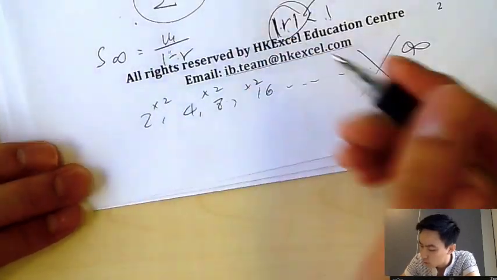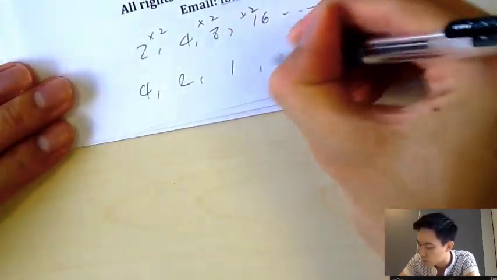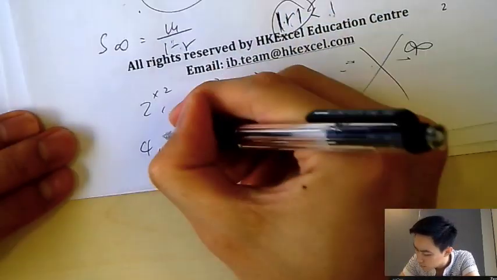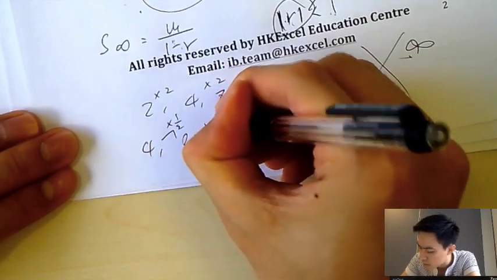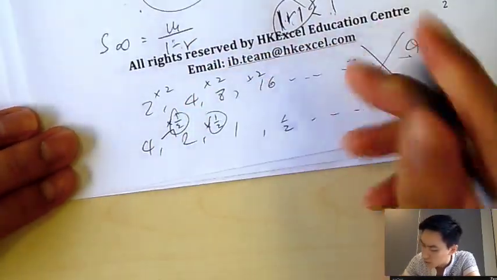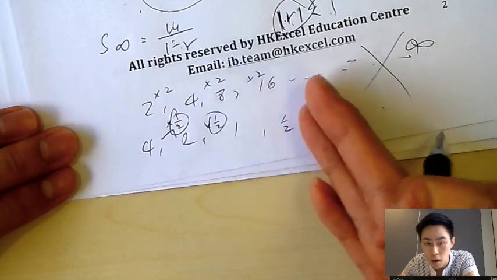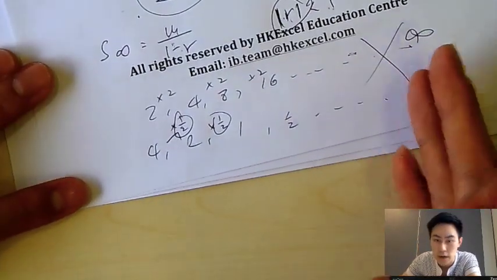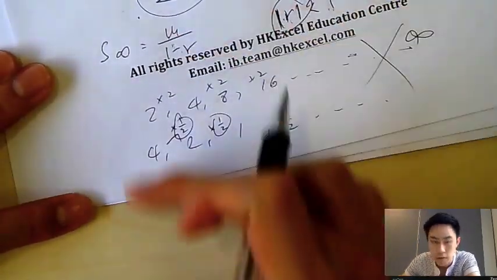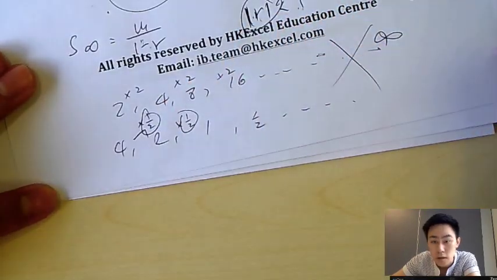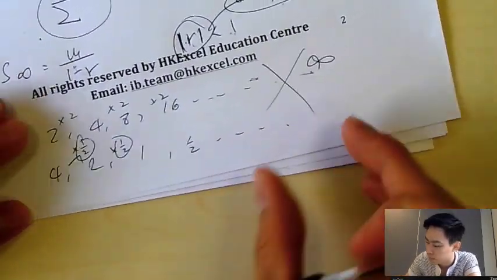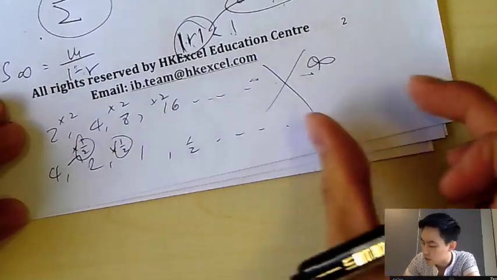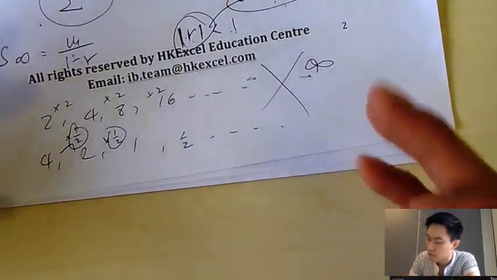So this equation only works on, let's say, 4, 2, 1, and then 1/2, and so on. You can see it keeps dividing by 2, or you can say times 1/2. So the common ratio keeps making the number smaller and smaller. So finally, you're adding 0, so it makes no difference if you add to infinity. It won't make a big change to the overall sum.